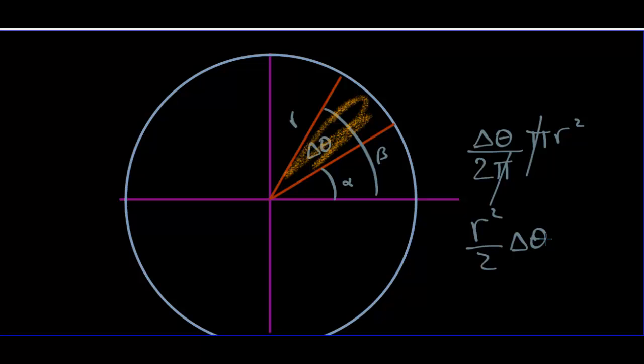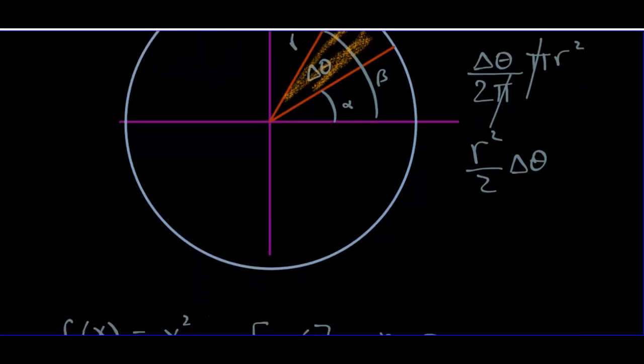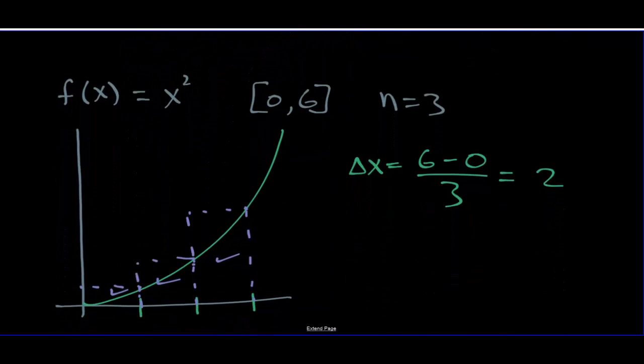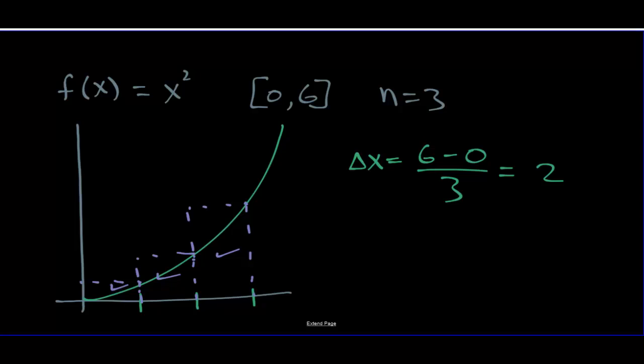Now remember back when we were just being introduced to integrals. We said, consider a function like f of x equals x squared on some interval. And we were told, divide that interval up into 3 equal parts and use that to approximate the area under the curve.